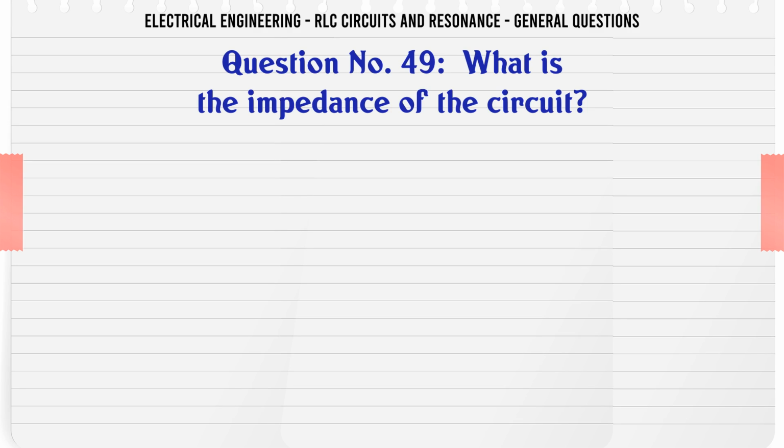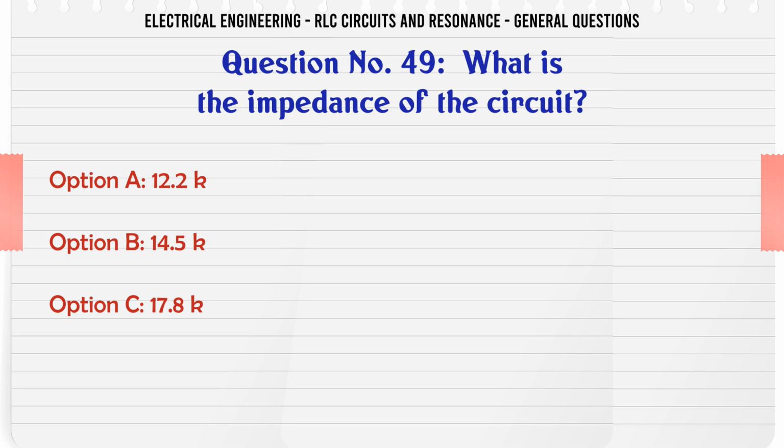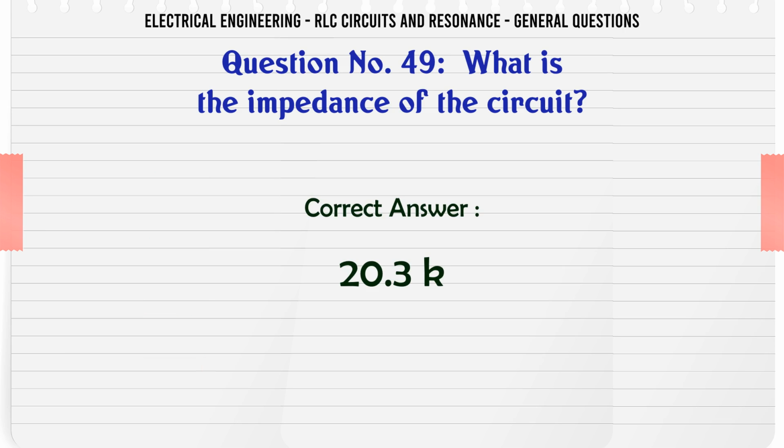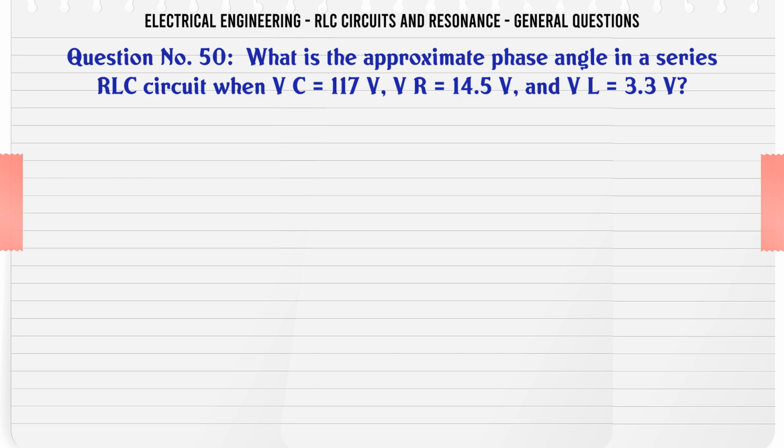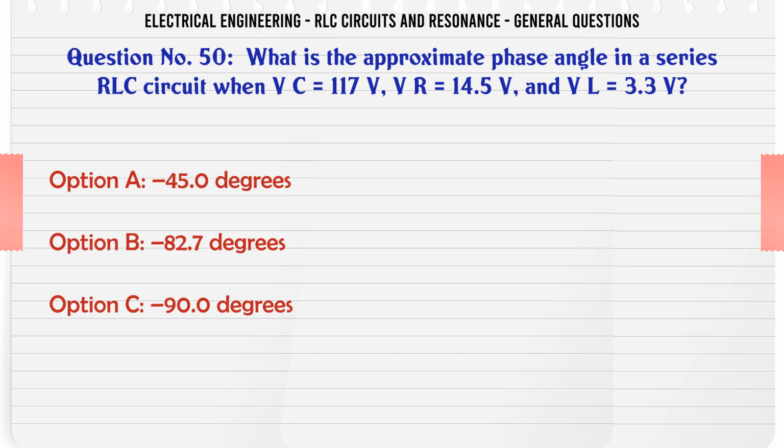What is the impedance of the circuit? A. 12.2 K. B. 14.5 K. C. 17.8 K. D. 20.3 K. The correct answer is 20.3 K. What is the approximate phase angle in a series RLC circuit when VC is 117 V, VR is 14.5 V and VL is 3.3 V?